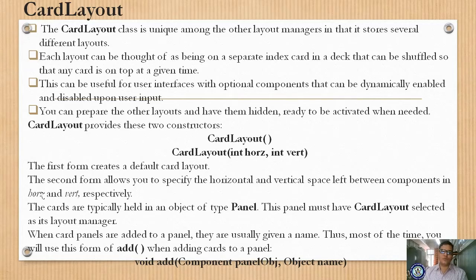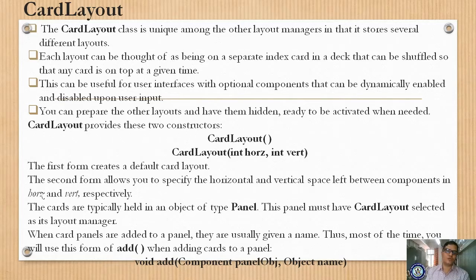Whenever we shuffle, we do not know which card will be on top or which card is going to be at the bottom. In the same sense, in the card layout you are taking multiple different layouts. According to the index values, a layout may be on top or it may be on the bottom.